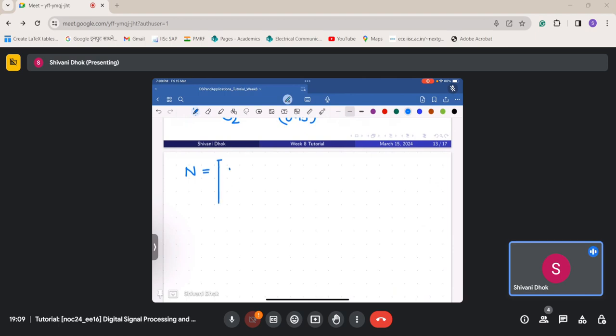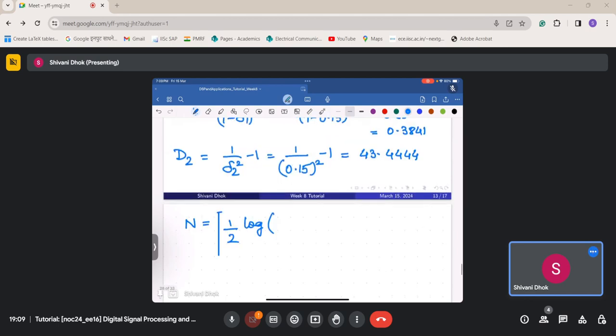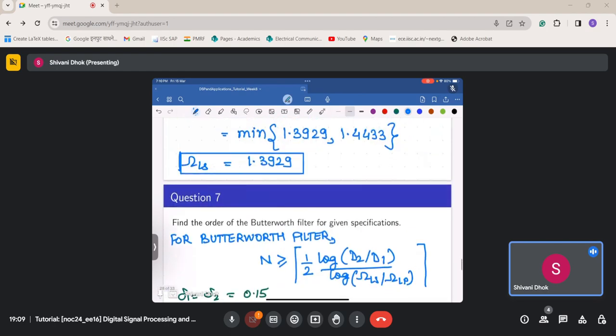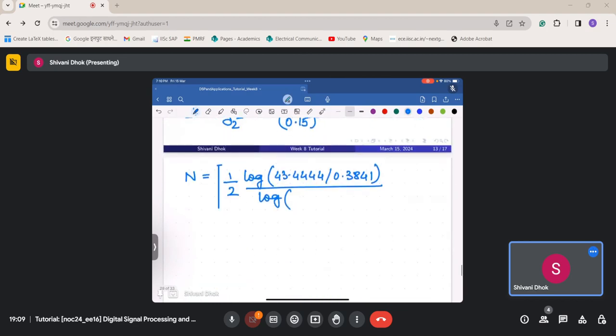So this will be half of log of d2 is 43.4444 by 0.3841 divided by log of omega ls, which we found out as 1.3929, and omega lp we had mapped to 1.